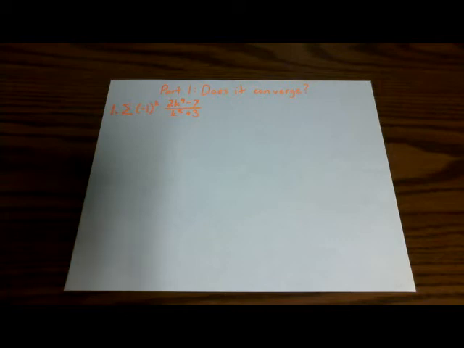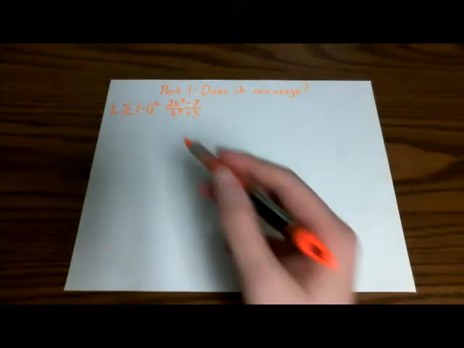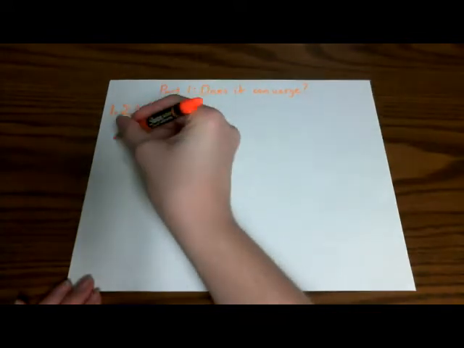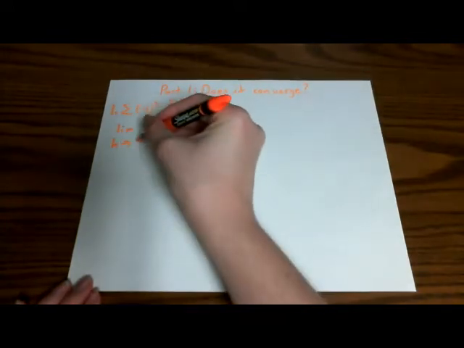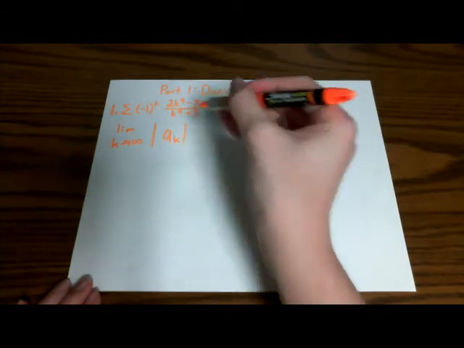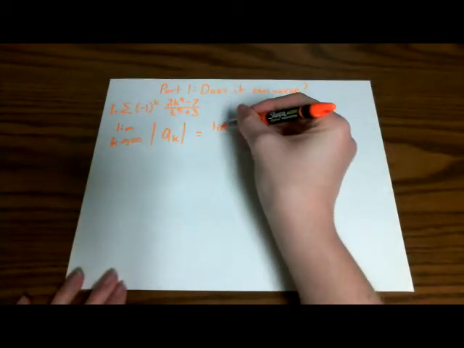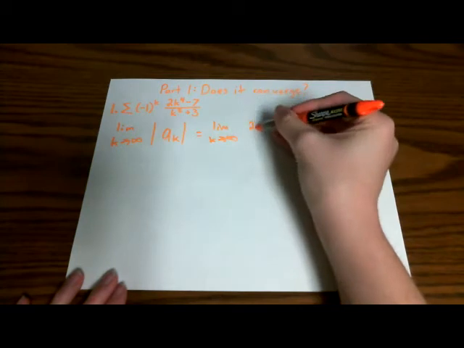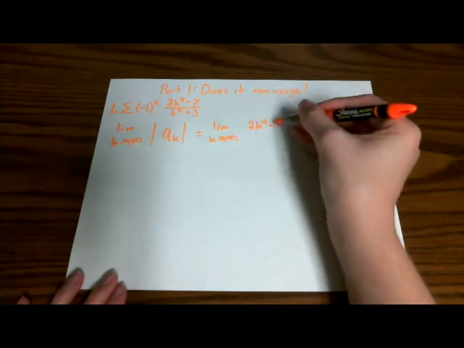So, for this example, we want to see if this alternating series converges. The first thing that we do is take the limit as k approaches infinity of a sub k. So, that would equal the limit as k approaches infinity of this part.